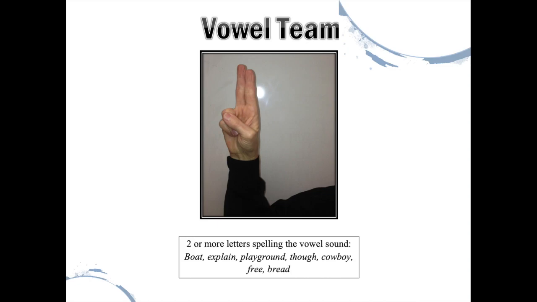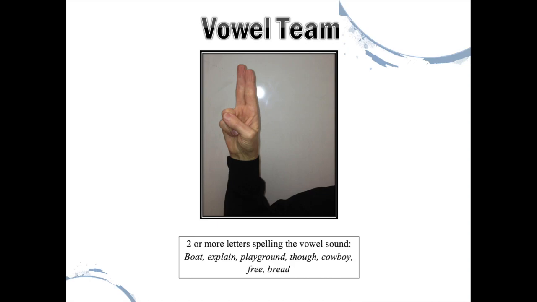T-H-O-U-G-H. Going from the whole to the part, think about the word though. We have 2 sounds in the word though. Our vowel team in this word is everything that spells the O sound. So our vowel team in this word is actually spelled O-U-G-H.